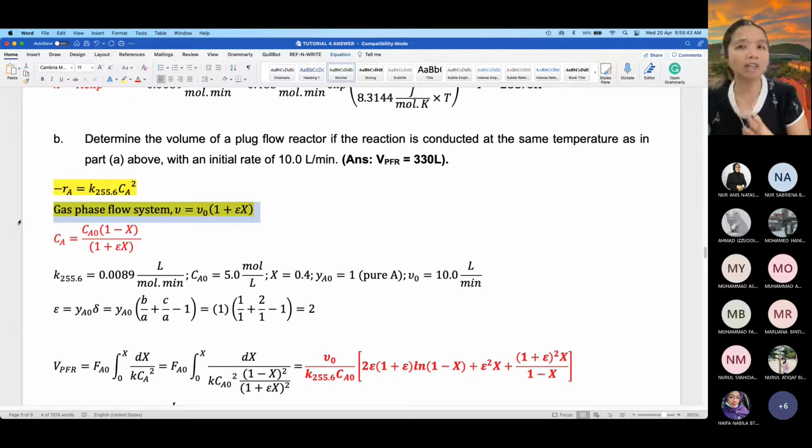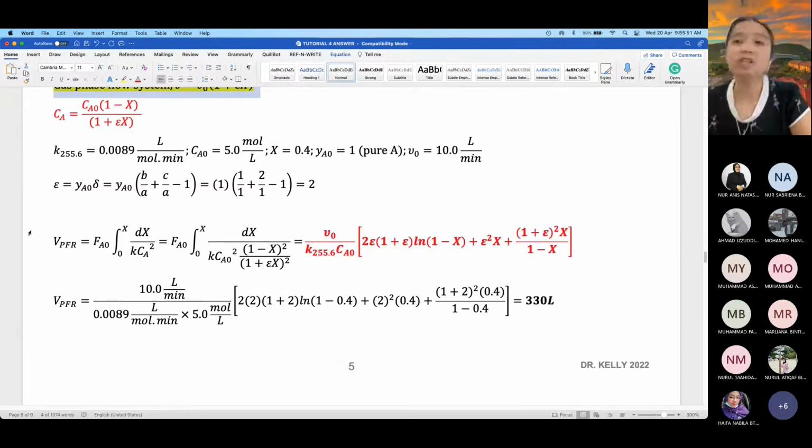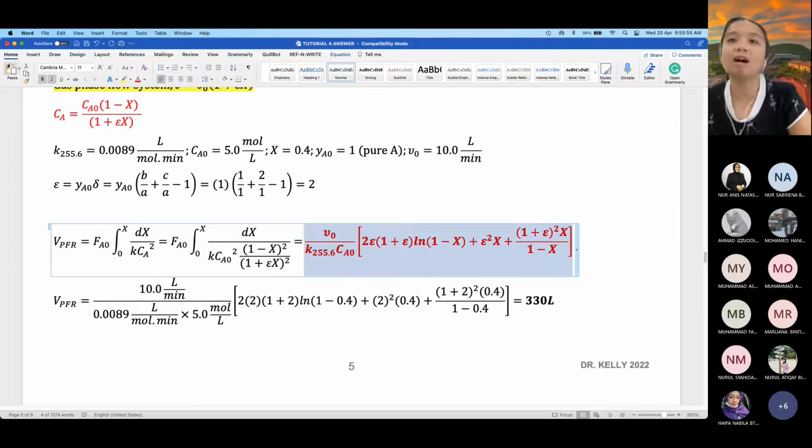Okay, so if you check, the equation that fulfills these three conditions is only one equation. The equation is given in the rate form that I highlighted. Kalau kamu ingat, bila saya deduce, kita ada 3 version. The first 2 versions are to find the PFR volume.